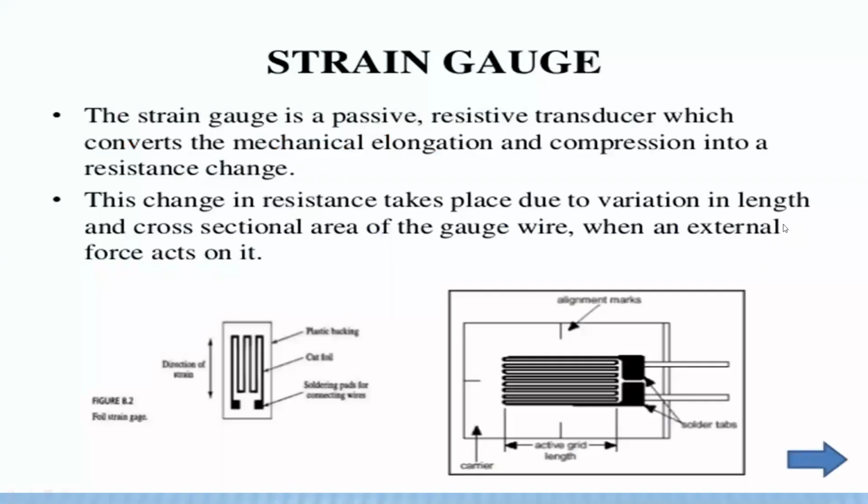What is a strain gauge? The strain gauge is a passive resistive transducer which converts mechanical elongation and compression into a resistance change. We can apply any pressure, load or force on an area, and in that area I fix this type of strain gauge.